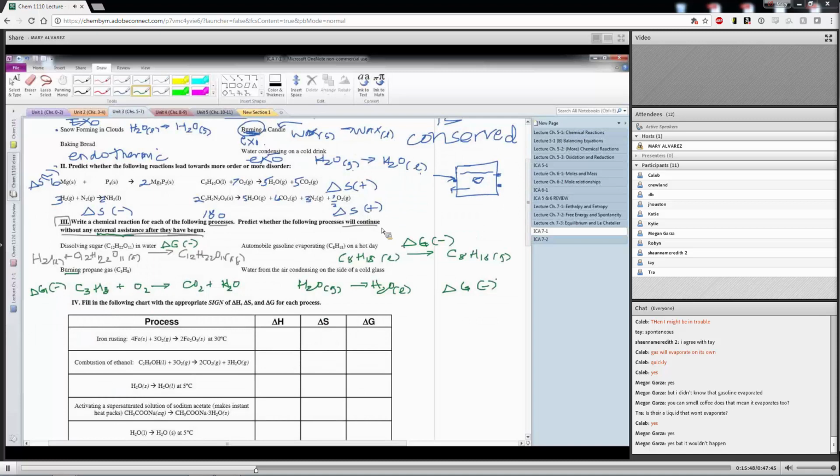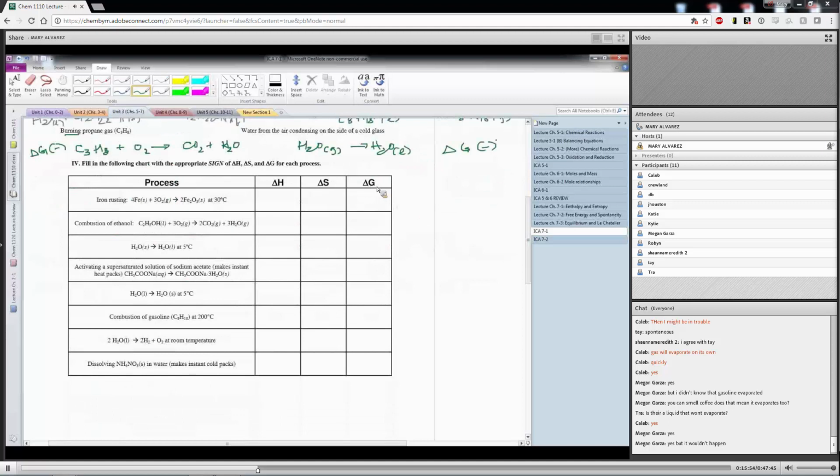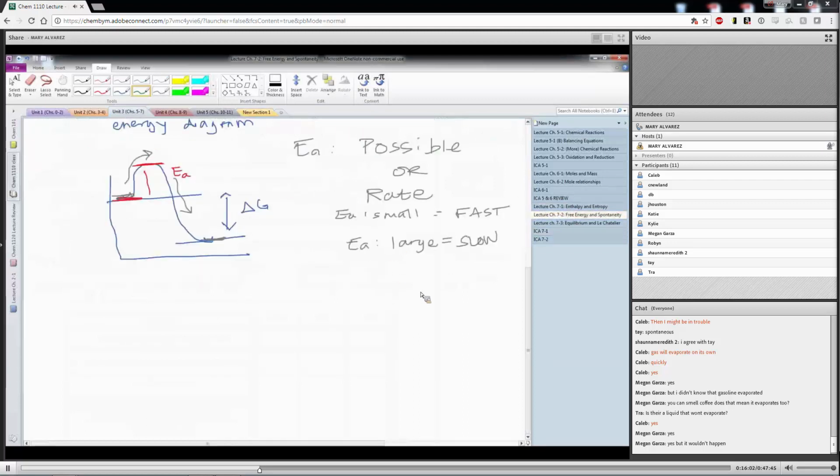Okay. Now what we need to do is talk about the relationship between our change of free energy and our enthalpy and our entropy, how those come together. There's an equation that we use, an equation that I will give you on the test, an equation you will not have to do math with, but you will have to perform logic puzzles with.